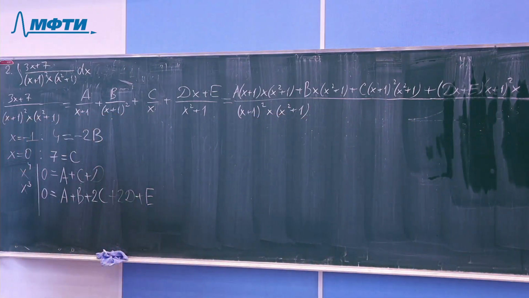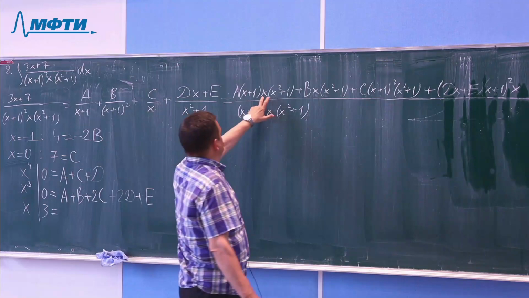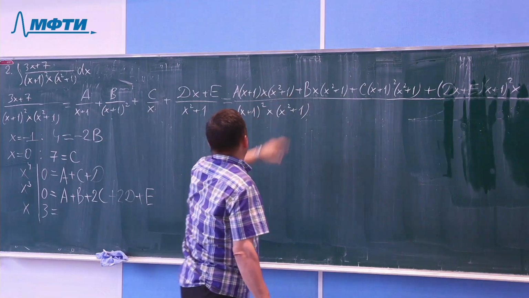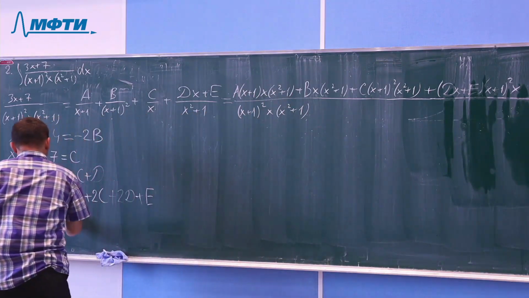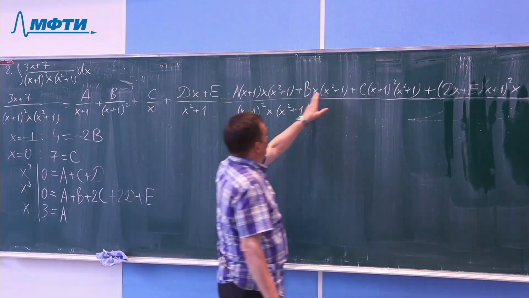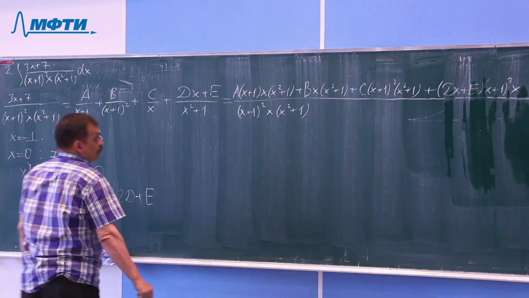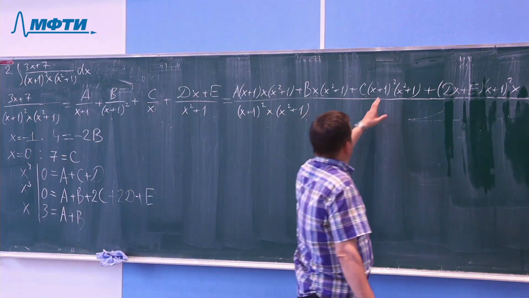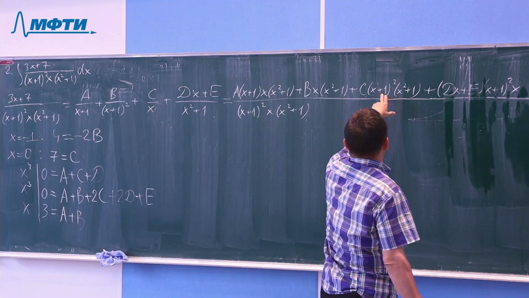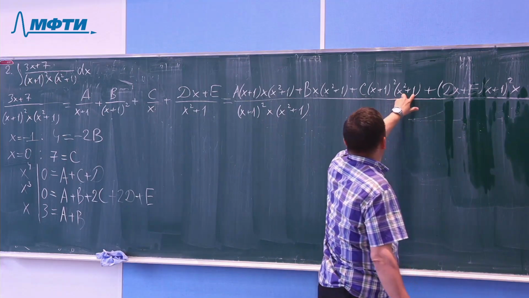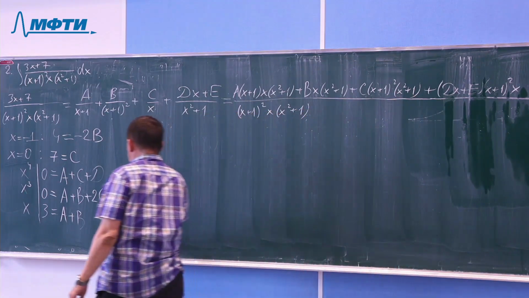And let me consider, for example, x power 1. So 3 equals 2. How can we obtain x? Here only one way, just a. Here, once again, only one way, plus b. x here can be obtained as x times 1, so plus 2c.